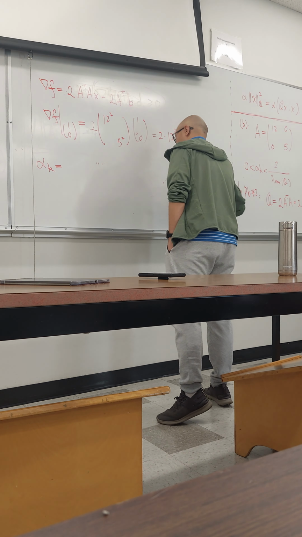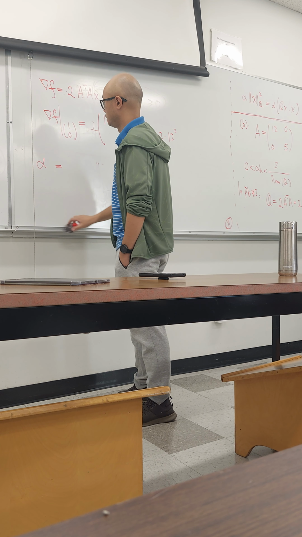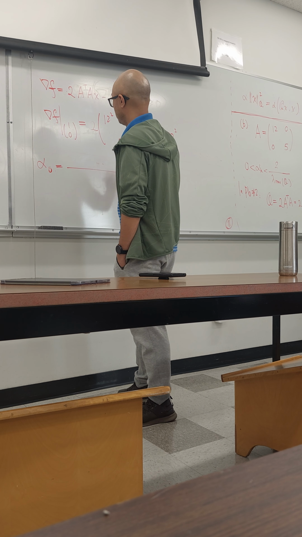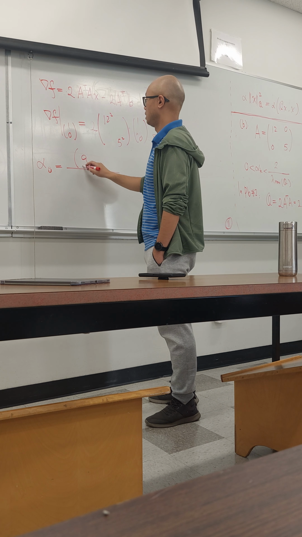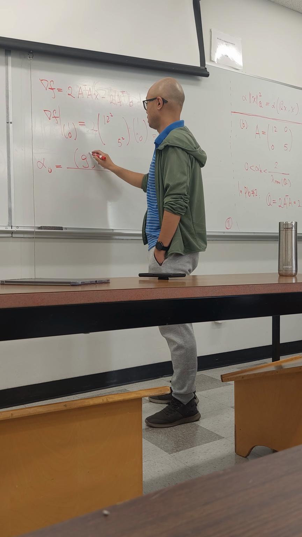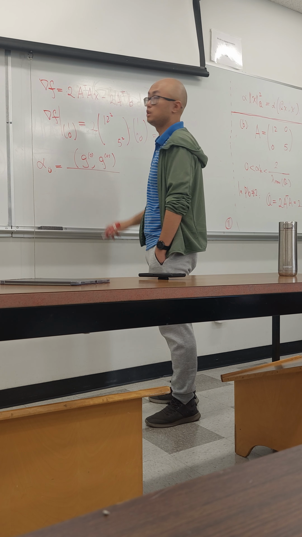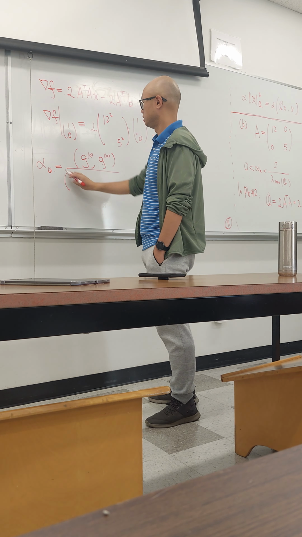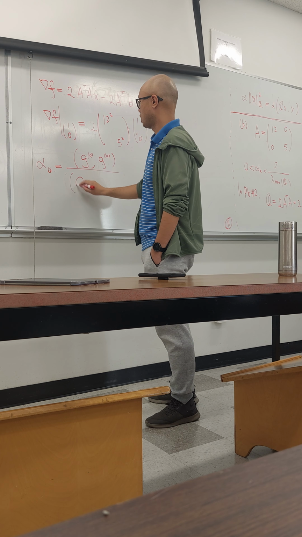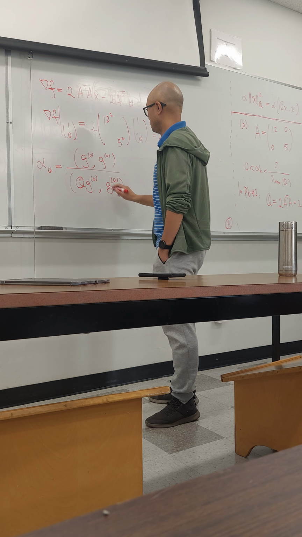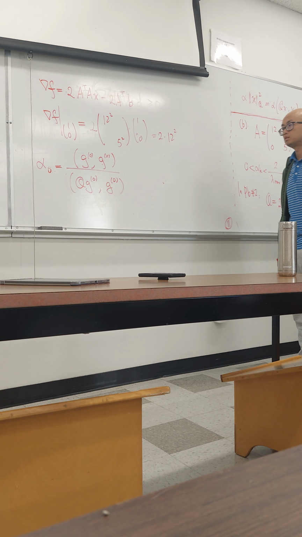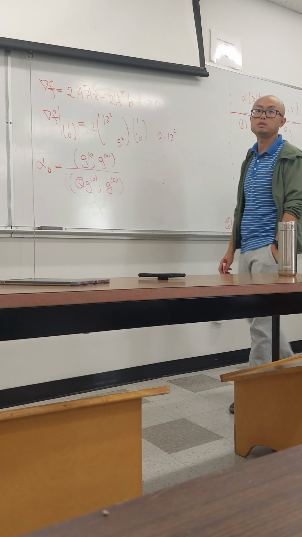So let's do alpha 0. It is G0 inner product with G0 divided by G0 inner product with Q G0.